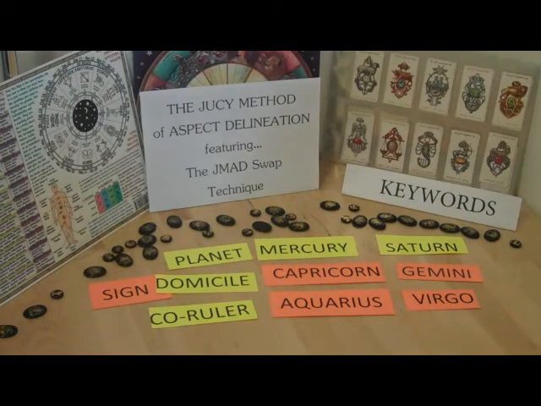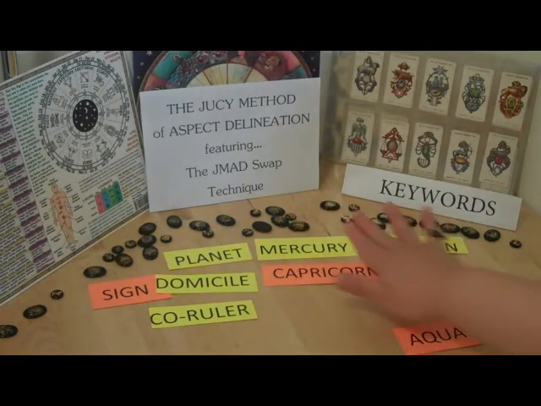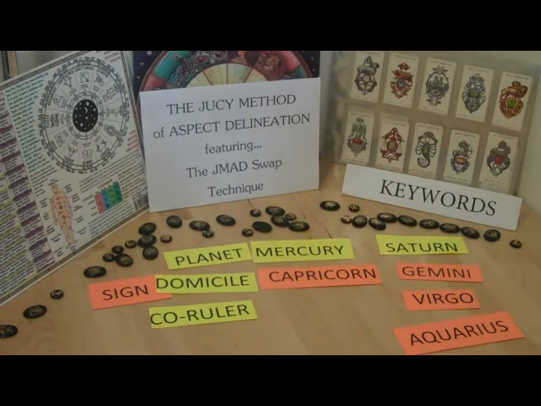Let's choose the keyword for Mercury as communication and Saturn as serious. And the sign keywords for Capricorn, ambitious; Aquarius, humor; Gemini, facts; and Virgo, analysis. Let's take a closer look at our delineation, the JMAD swap technique. With Mercury Capricorn, we get communication ambition, or ambitious communication.